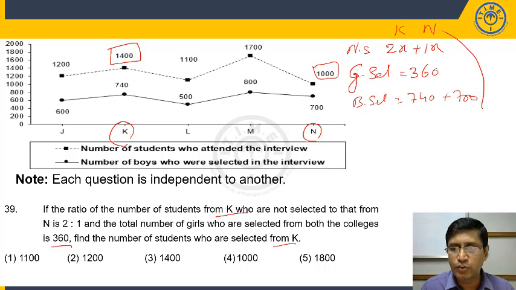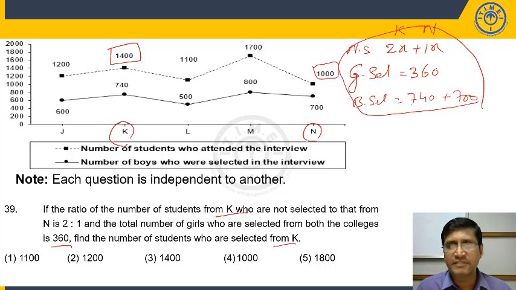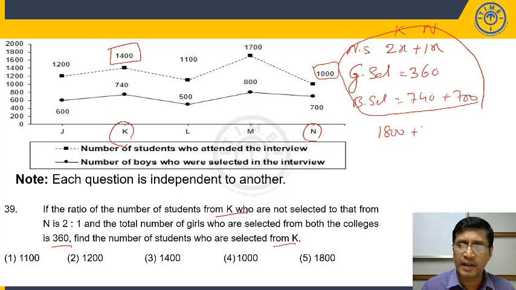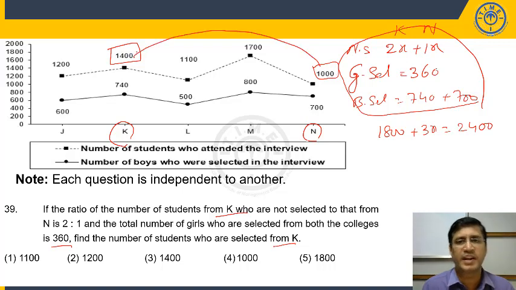So the sum of these values is equal to 2400. Means 740 plus 360, it is 1100. 1100 plus 700, 1800. 1800 plus 3x is equal to 2400. Now simplify, you will get the x value.